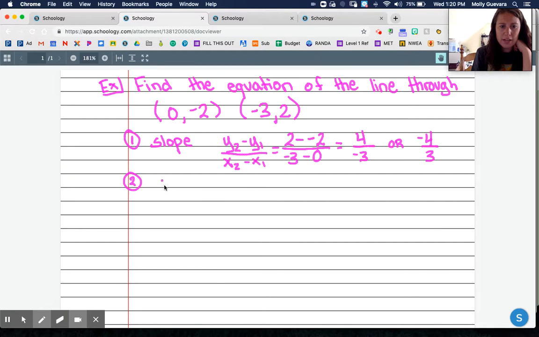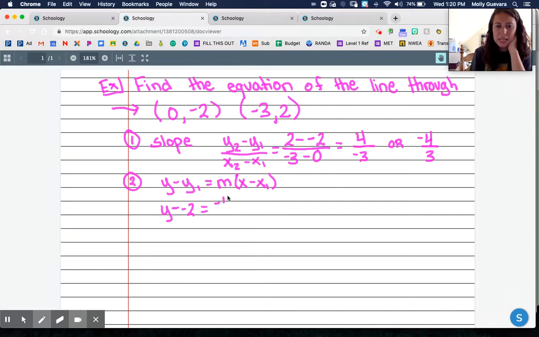Now I can go ahead and find the equation by using my point slope. Again, I can pick either one of these 2 points to use, but because this one has a 0 in it, I'm going to go ahead and pick this point. So y minus, and my y1 is -2. So again, a double negative, that's okay.